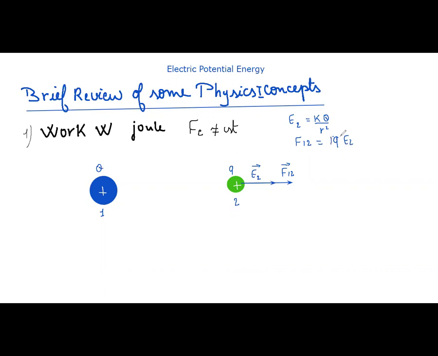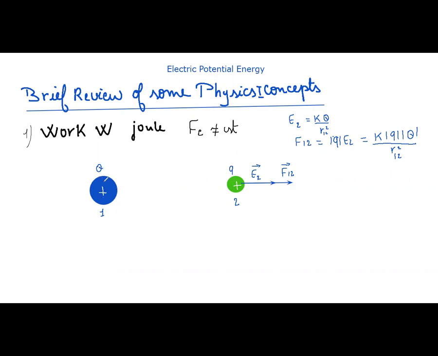We can say absolute value, and here we have K, capital Q, divided by the distance squared between 1 and 2. Okay, between 1 and 2. This is F12, but this F is not constant if we go away from capital Q.